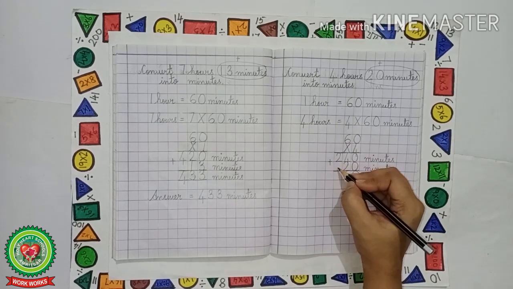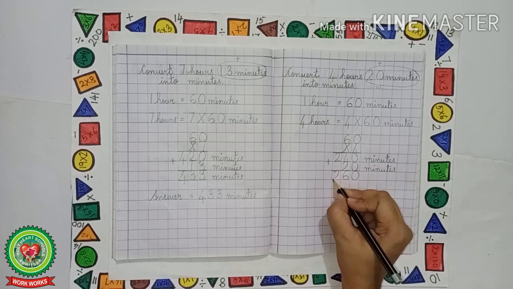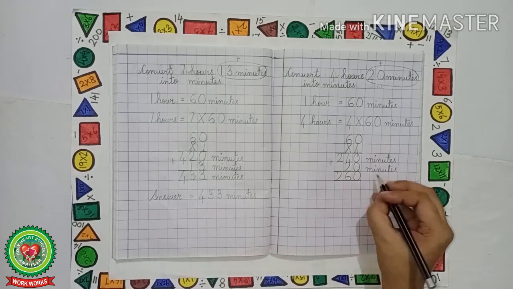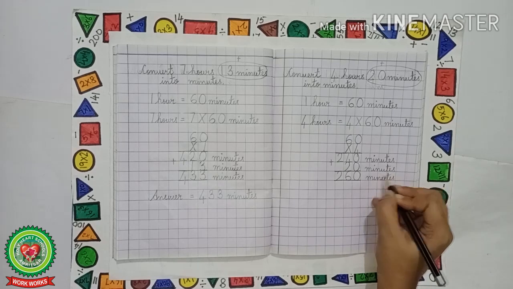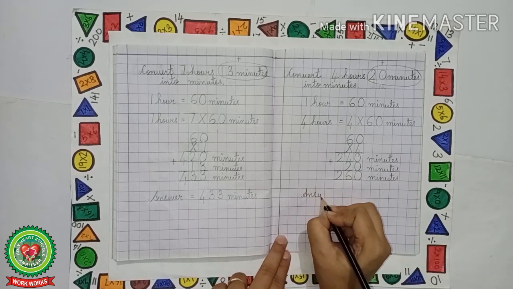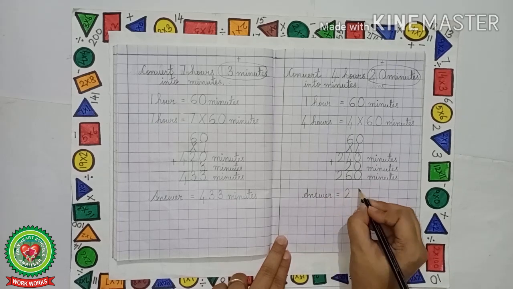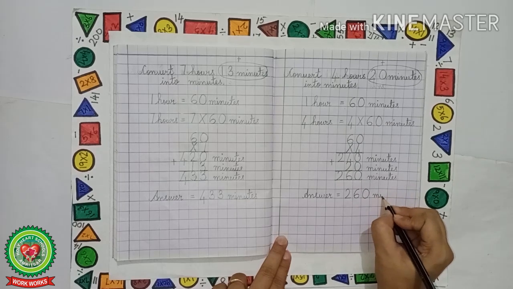Now 2 plus nothing is there, that means 2 itself. So it is 260 minutes. So what is the answer? Answer is equal to 260 minutes.